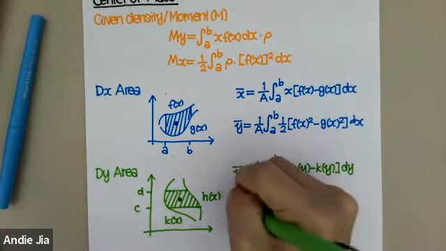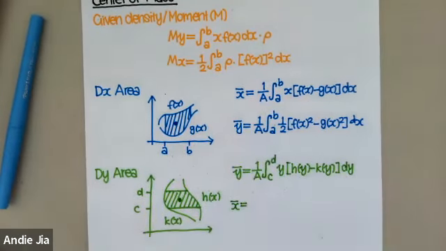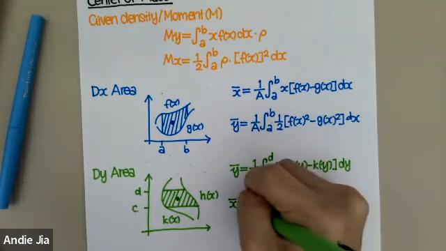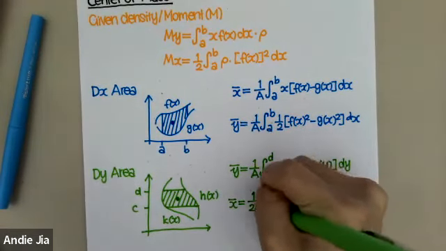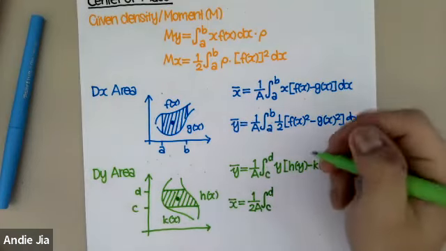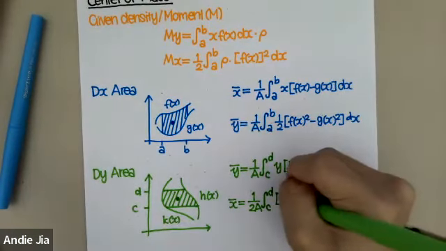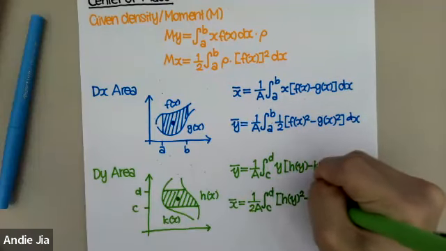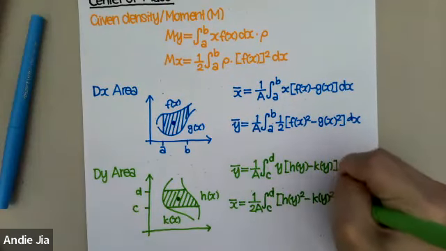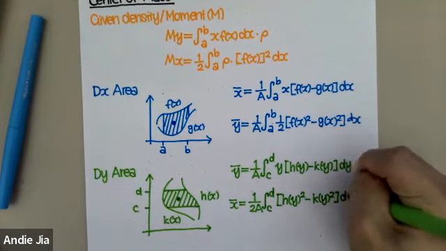And for the x bar, it's going to be 1 over 2A, from C to D, of h of y squared minus k of y squared, dy.